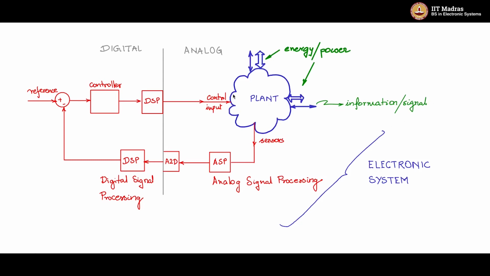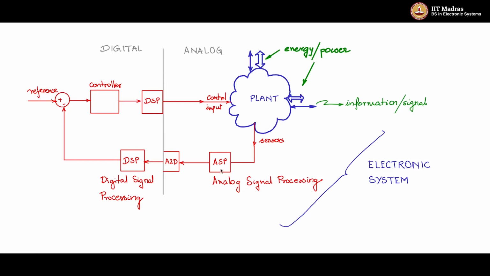So generally, as far as this part of the course is concerned, this blue part is a given. It's a given in the sense that the open loop plant of the system is given to you. It is there. And we need to build up all the electronics which are indicated in red here.